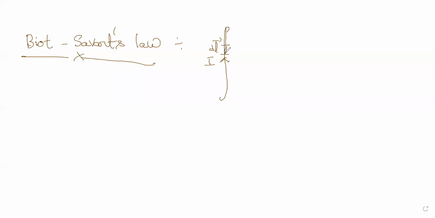You cut the current element of length dl. Now you take any point P somewhere and draw a line between the current element and the point P, and it makes an angle of theta.